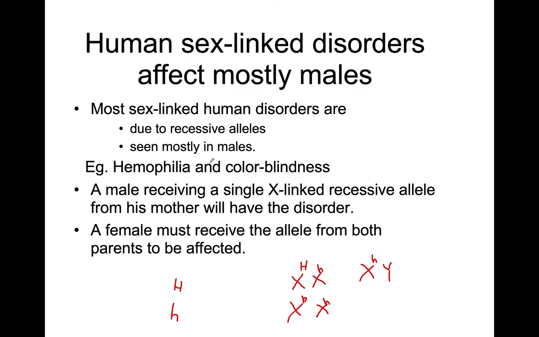So that's why conditions like hemophilia, color blindness and muscular dystrophy, you see more often in males than you do in females, because of the way the sex chromosomes are present in males. Females can be carriers, but not be sick, but males don't have an option to be a carrier.